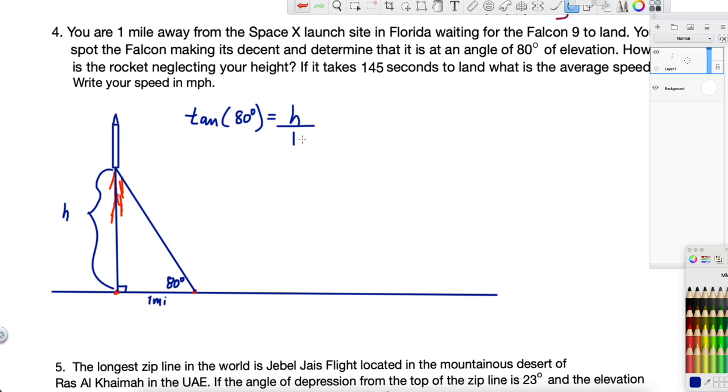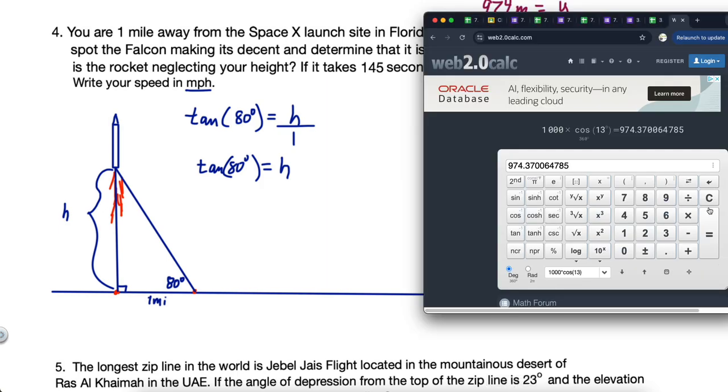1 mile. We could have put this in feet, but eventually I want to write my speed in miles per hour anyway for my second part. So let's just go ahead and keep it. So really, the 1 here I don't even need to write. So basically, I'm just finding, well, what is the tangent of 80? And we could say 1 times the tangent of 80, right?